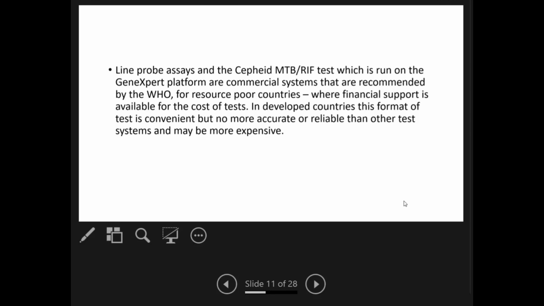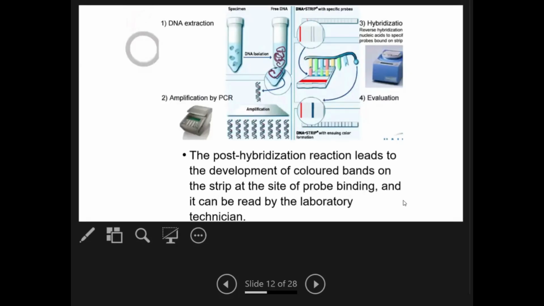Some of the diagnostic algorithms of tuberculosis have also changed because of the introduction of MTB RIF using the GeneXpert machine. So these are picture descriptions of the two methods we use to show that Mycobacterium tuberculosis DNA is present.